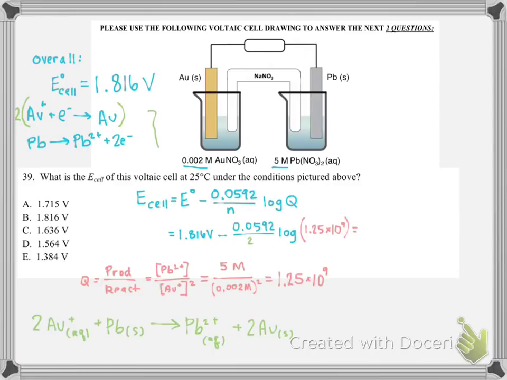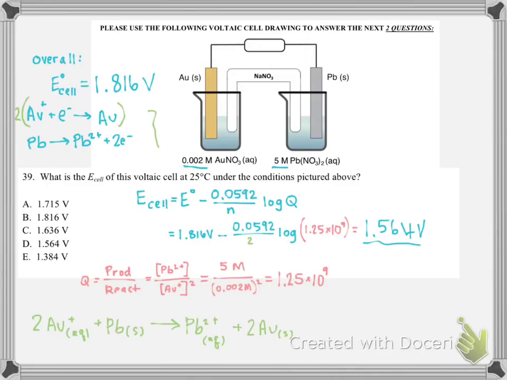And now we've filled out all of the pieces of that equation, and we can solve for the overall potential under these conditions. And when you plug this in, you get 1.564 volts.